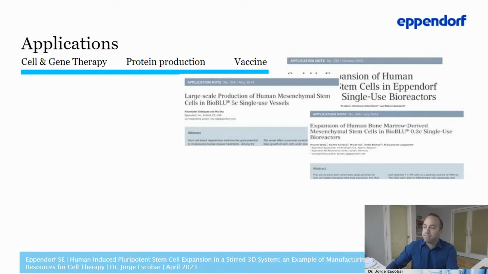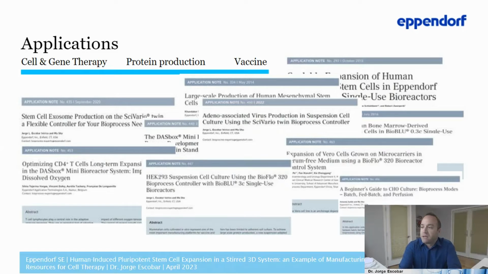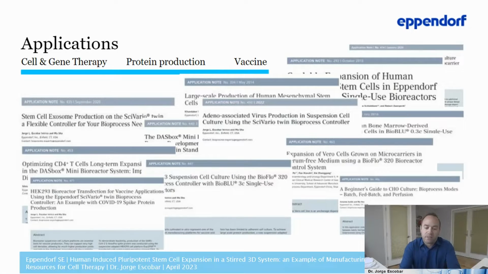In this regard, our researchers have developed over the years an extensive library of application notes with specific details about vaccine and protein production and cell and gene therapy workflows, like the one I'm planning to present to you today.